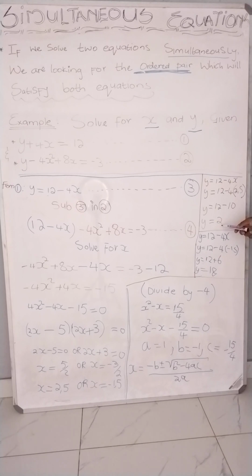So the ordered pair for x is equal to 2.5 will be 2. Okay, when x is 2.5, y is 2.